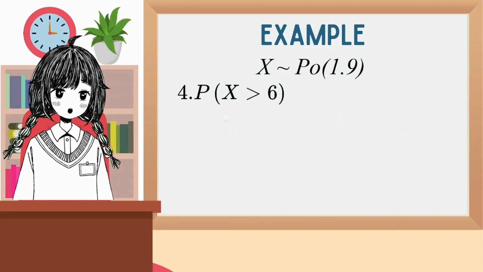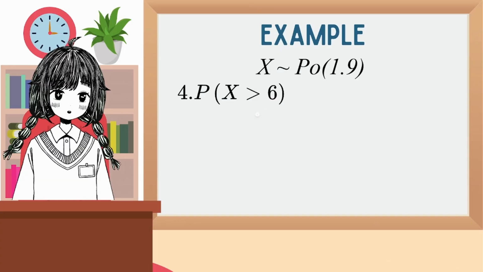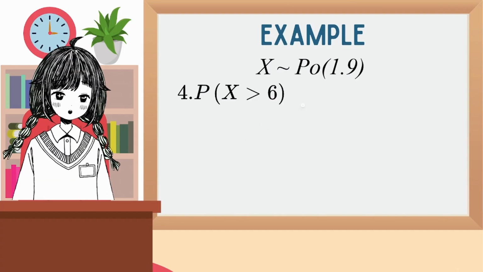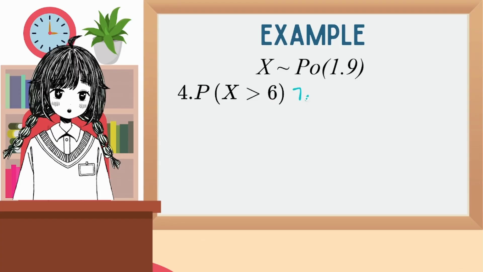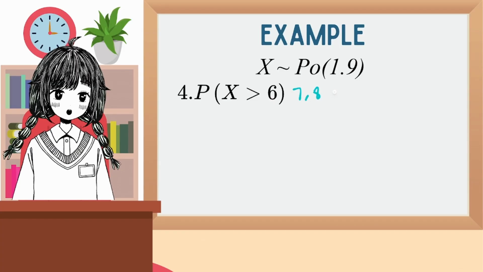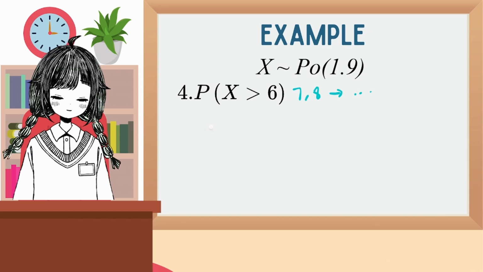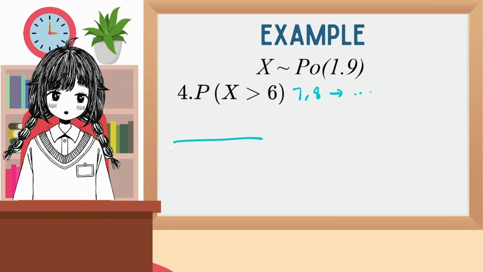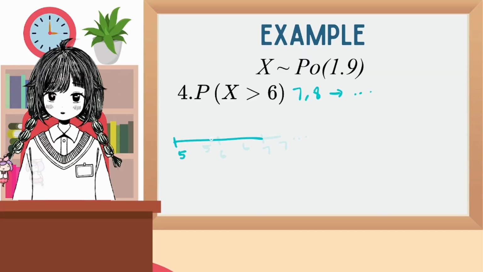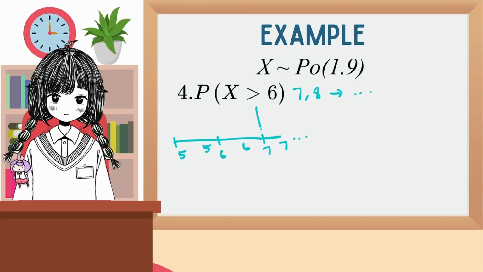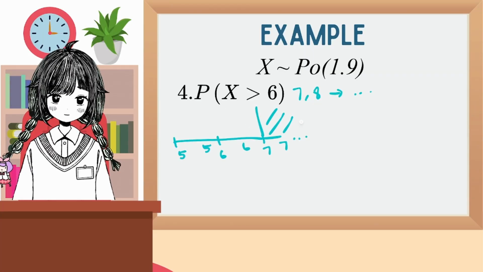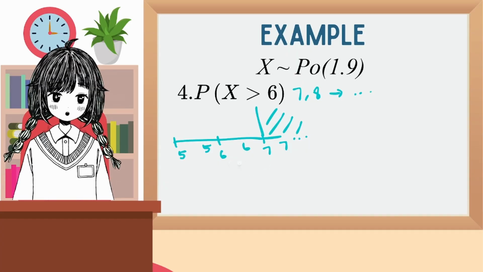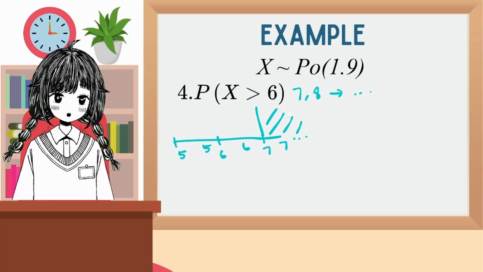Question 4. Is X more than 6? The same question as number 3, but the answers are 7, 8 and beyond. So the graph should look like this for X more than 6. Again, 6 is not included because it is more than 6.